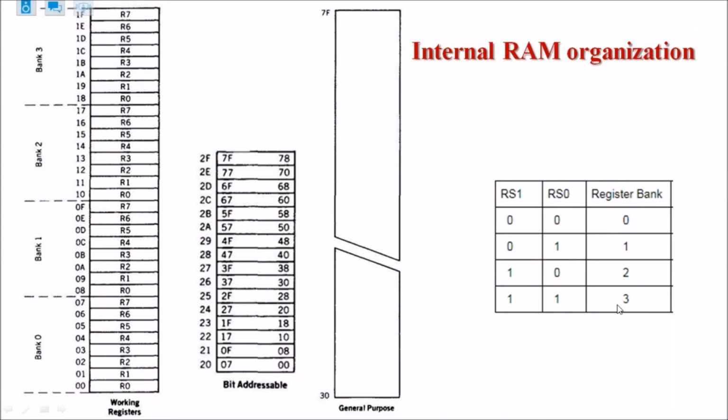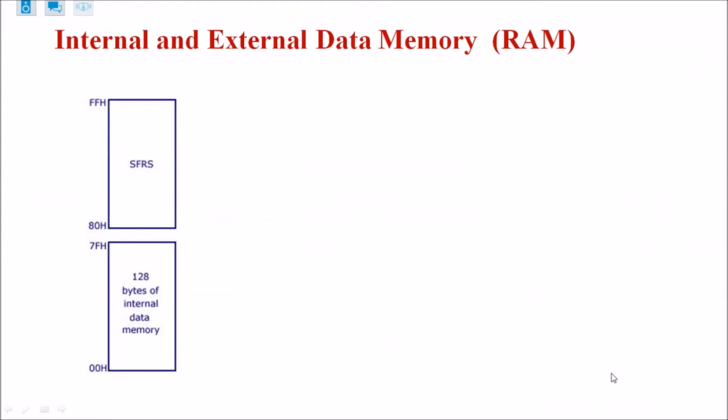So this is about internal RAM. Hope that you all understood this. Next is internal and external RAM memory. You have studied how internal RAM is organized. But what about external RAM? As I told you, the internal RAM is 128 bytes.